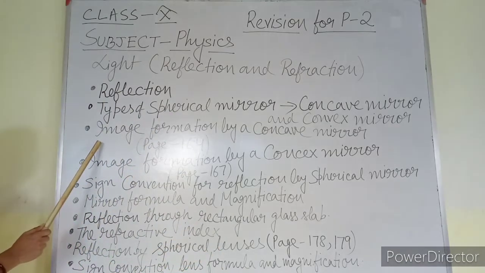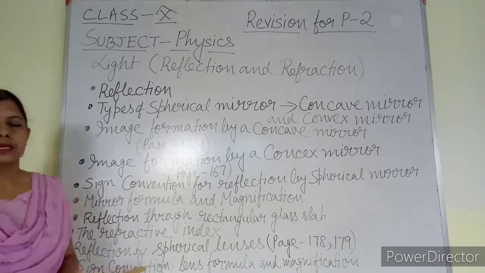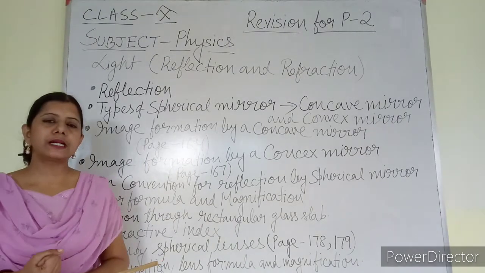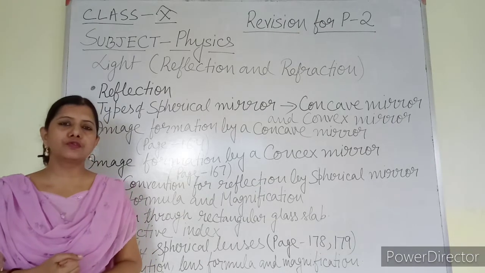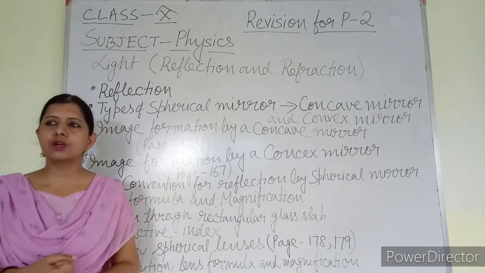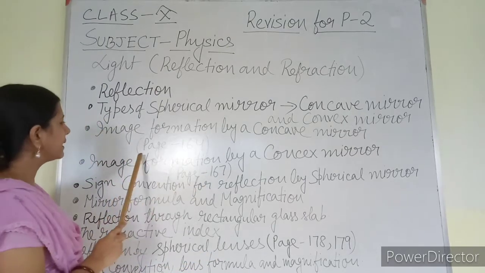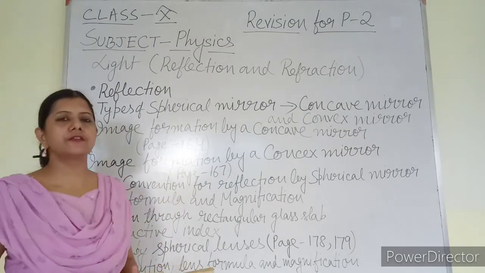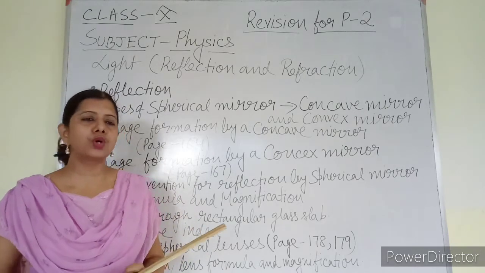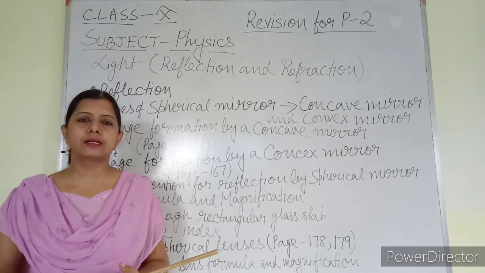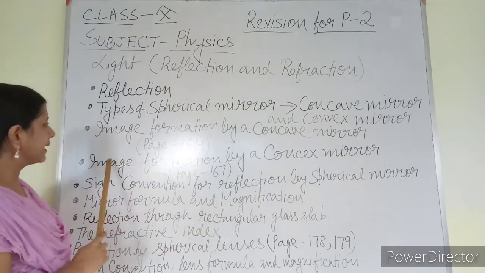So about these 2 types of mirror you have to learn in detail. How? First you have to find out the image formation by concave mirror. That is, if the object is placed at a particular position, where is the image going to form, and what will be the nature of the image. You can get it on page number 164 of the NCERT book.